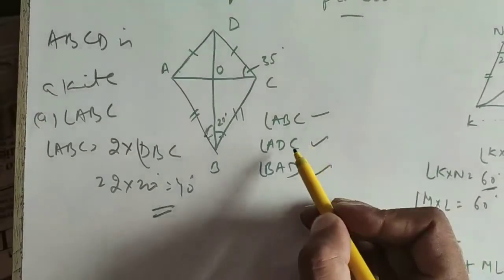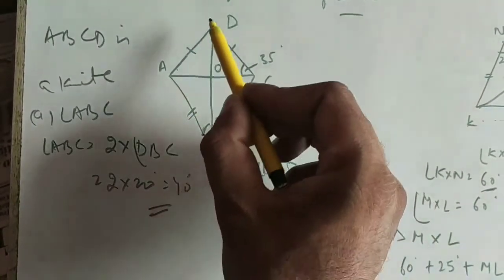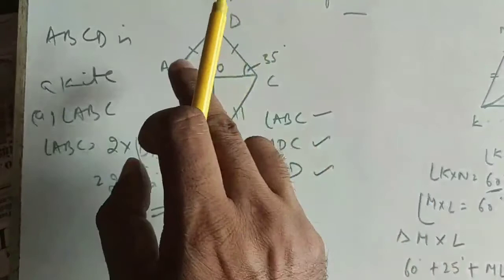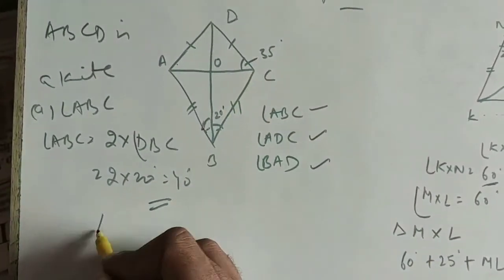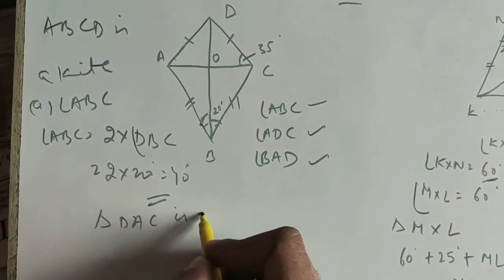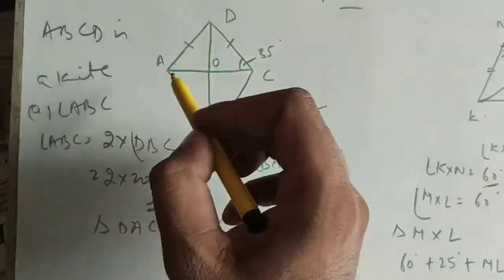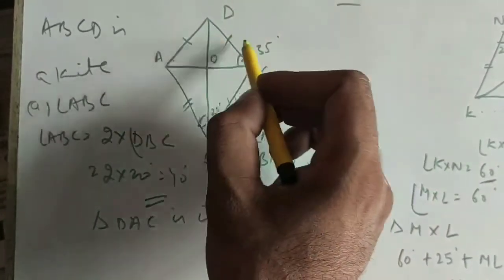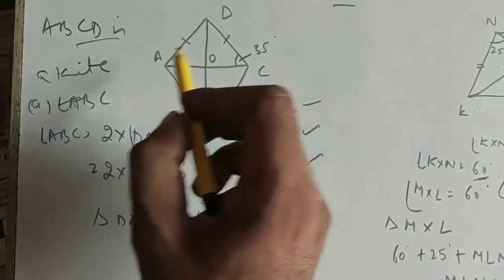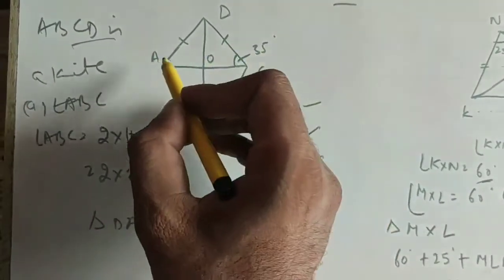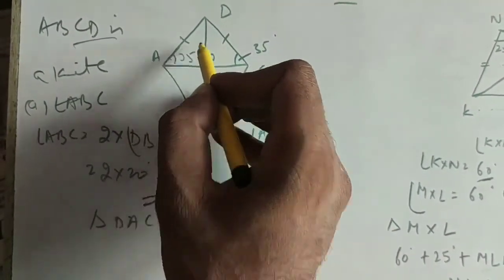Okay. What is angle ADC? Now triangle DAC is isosceles, because these two are equal, because ABCD is a kite. So if this is 35, this is also 35.